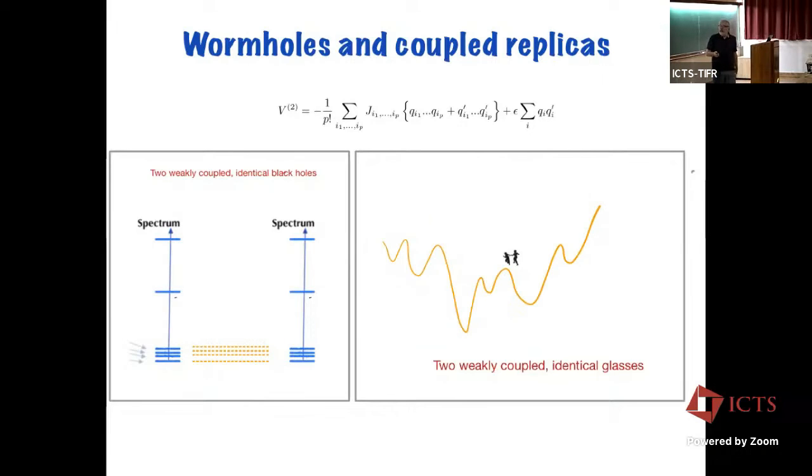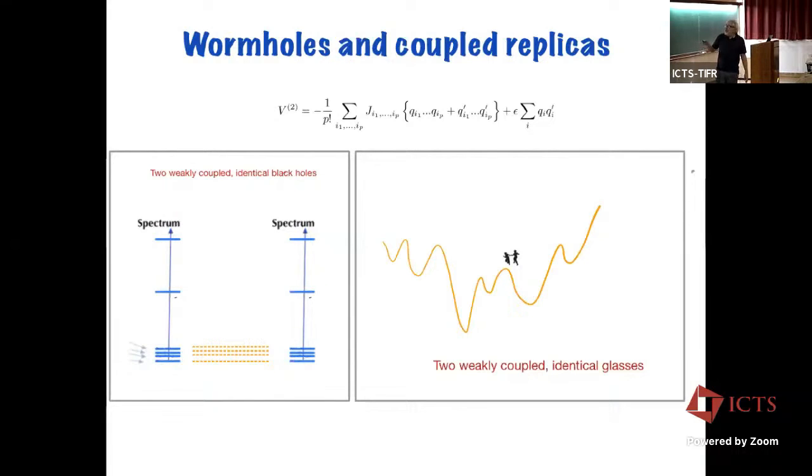Very quick, so this is just an advertisement. People in the community of SYK are doing a lot of coupling together two systems. And with a very small coupling, these two black holes couple and make a wormhole.